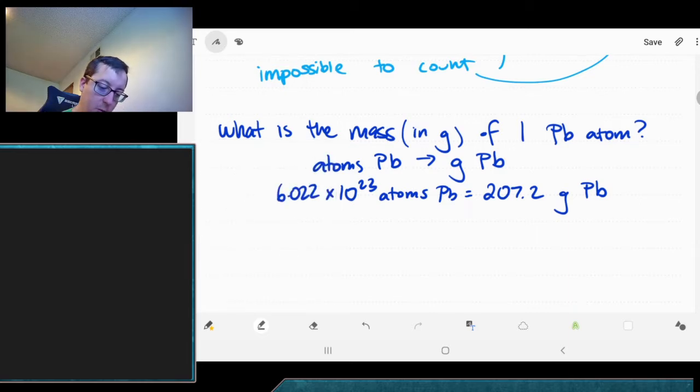And so one lead atom, the sig figs are exact. Okay, we're not going to worry about sig figs for this one, because there's no way for us to prove this calculation since the mass we're going to get is so small. But anyways, one lead atom.